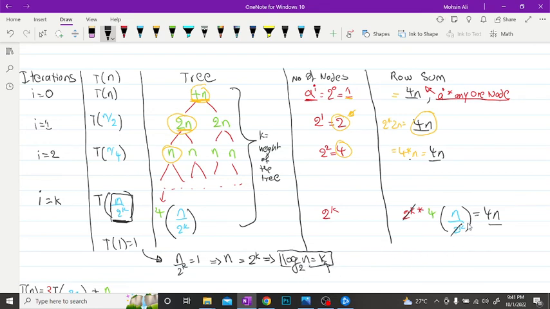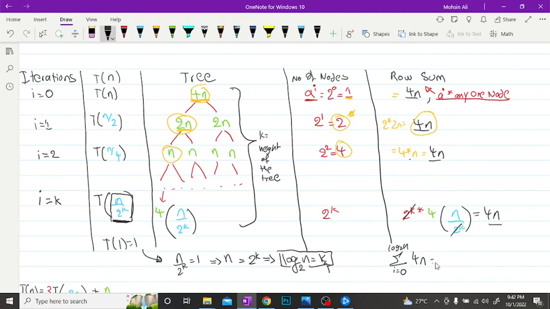Now, the entire row sum is going to be starting from the iteration i equals 0, going to the height of the tree, which is log base 2 of n. And since I don't have any formula for i over here, we're basically getting 4n, and this 4n is a constant.